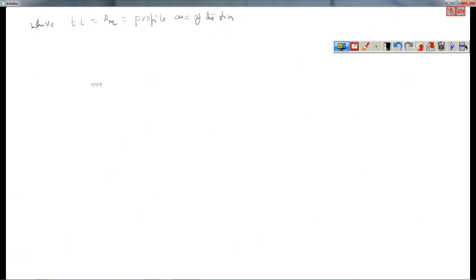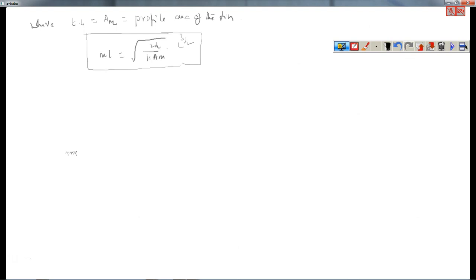Therefore, ml would become the square root of 2h by k Am, where Am is the profile area of the fin, into l to the power of 3 by 2. Okay, l to the power of 3 by 2.